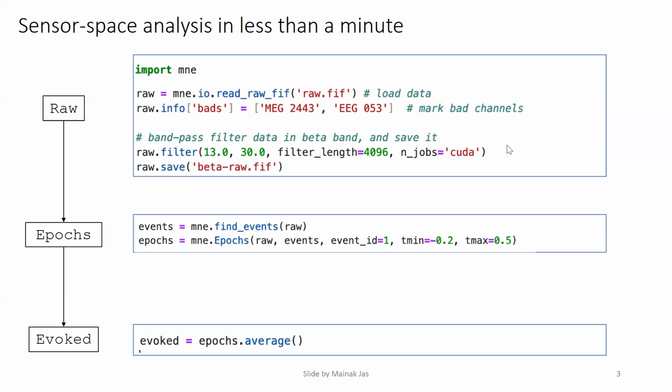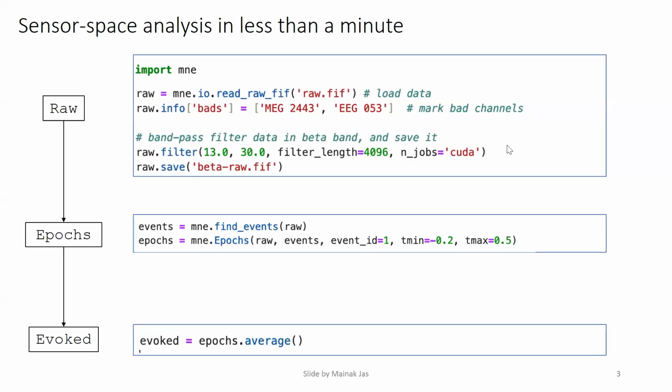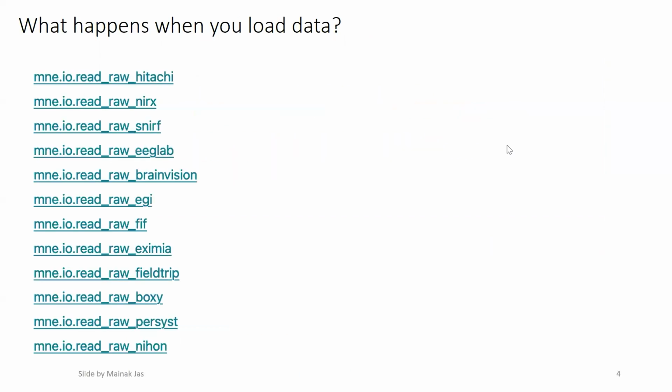And then from there, we started thinking, okay, what do you need to do if I need to analyze data from OPM? Before I get into OPM, I think it's worth thinking for a minute about what happens in MNE when you actually load the data. MNE has readers which will help you read data from many different vendors and file formats.